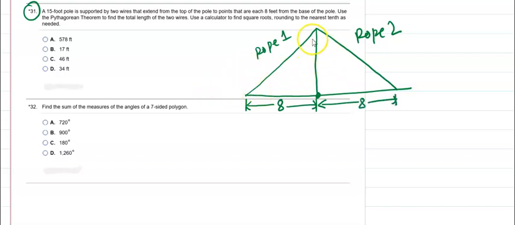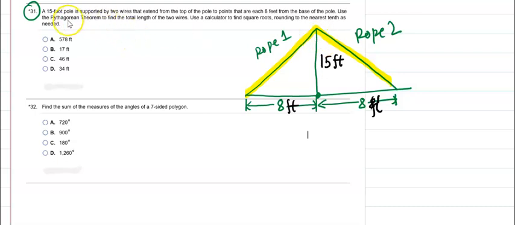Makes sense? So again, the pole height is 15 feet. So I'm going to draw the 15 here for the pole, 15 feet. This is 8 feet here, 8 feet. So the 15-foot pole is separated by the two ropes, rope 1 and rope 2, right? So rope 1 is this one, rope 2 is this one.